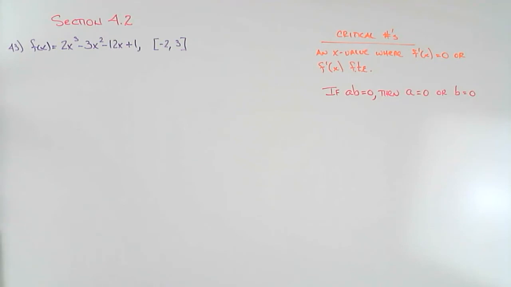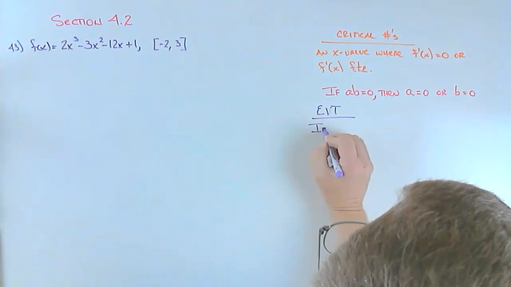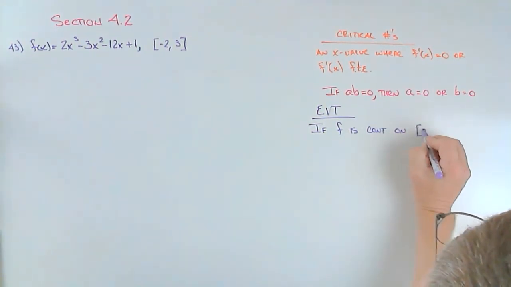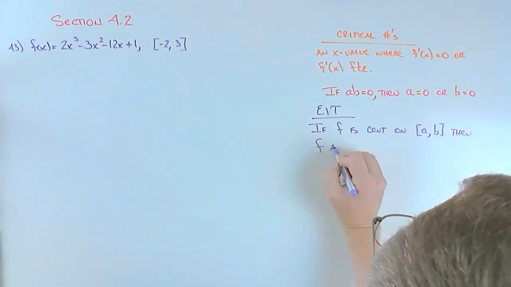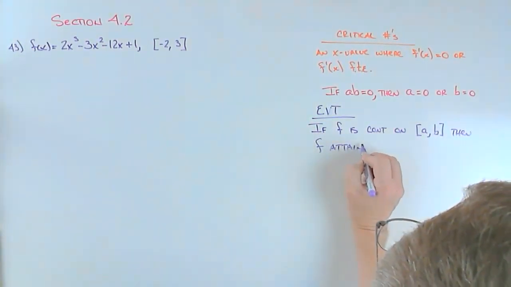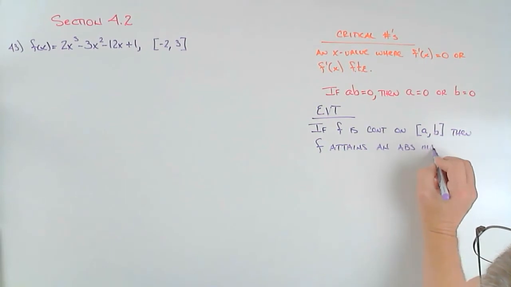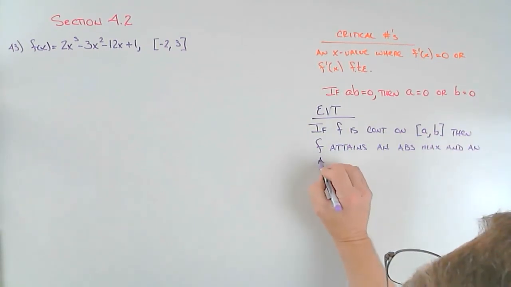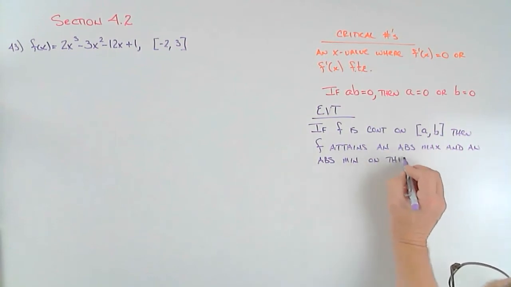Well, to make this work, we're going to need the extreme value theorem. Now, in short, the extreme value theorem says if f is continuous on a closed interval [a, b], then f attains an absolute max and an absolute min on this interval.